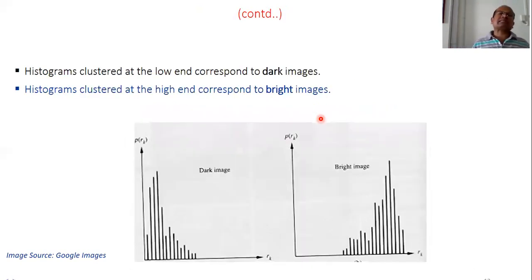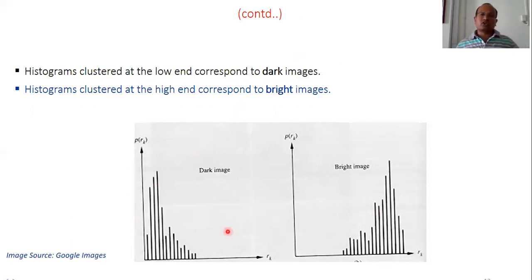Histograms clustered at the low end correspond to the dark images very clearly. All clustered in the narrow band, and that too towards low values. So they are dark, because we know that for dark images, intensity values, grayscale values are low values. And histograms clustered at the high end correspond to bright images.